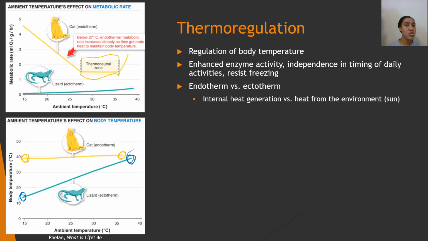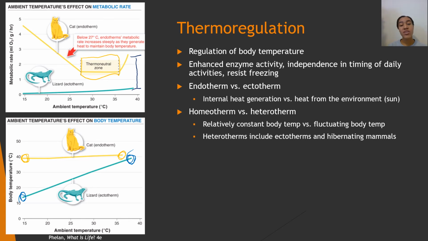If the environment's too cold and they can't maintain it, they spend a little bit of energy, and the same thing if it gets too hot. But you can see the gap in the amount of energy the cat has to spend at like 39 degrees Fahrenheit to remain within that optimum temperature range, compared to the lizard, which is an ectotherm.